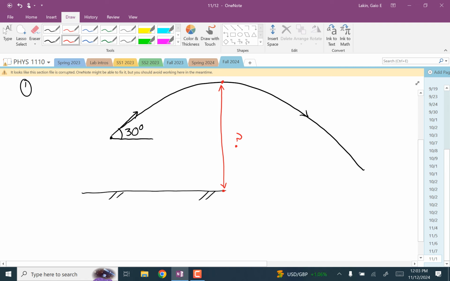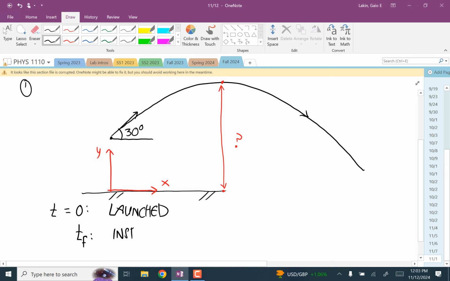I'm going to use a coordinate system like this. My time equals 0 instant is going to be when it's launched, and my time final instant is going to be the instant that it reaches the highest point.